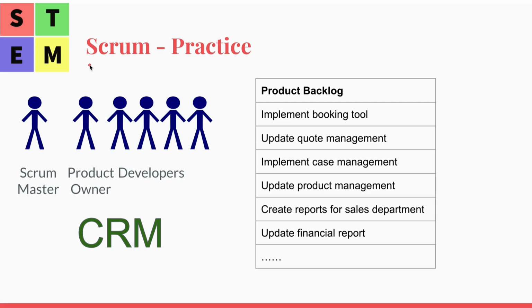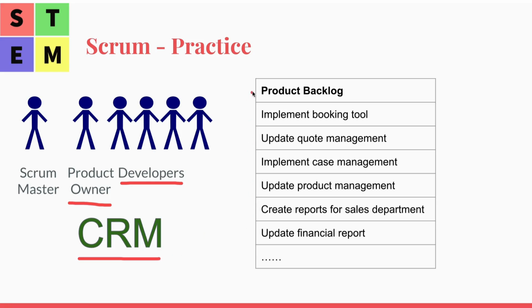You are going to work with a Scrum team where there is one product owner and 4 developers. And the team is developing new features for an existing customer relationship management system.